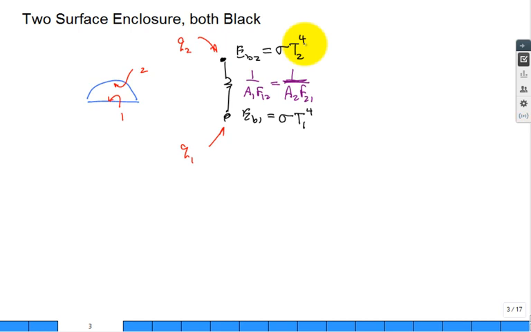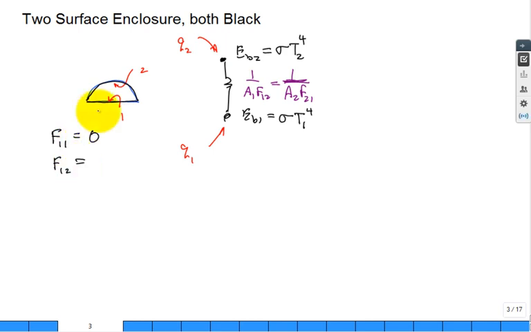A lot of times it's like, oh, what is the view factor from 1 to 2 in this case? So if I have an infinitely long conveyor system that goes into a hot furnace, which is approximated as that half shell on top, what would be the view factor from 1 to 1? For this configuration, 0.